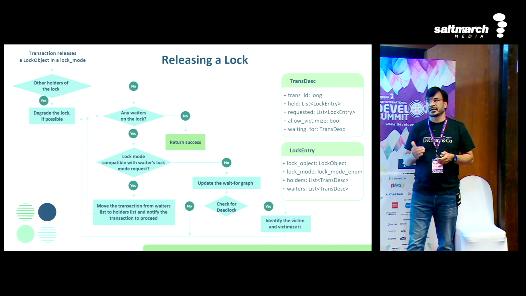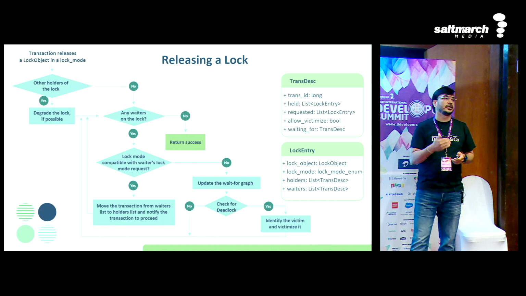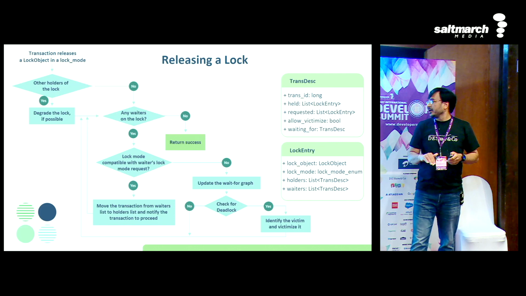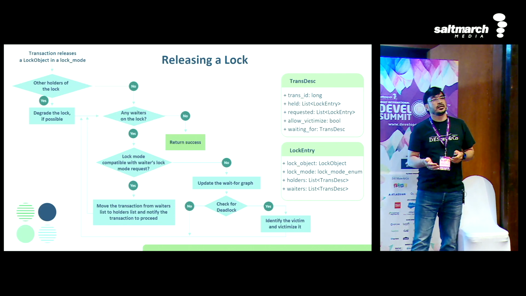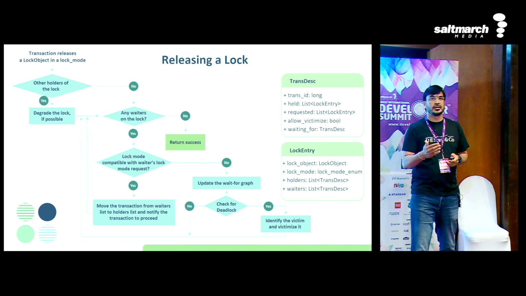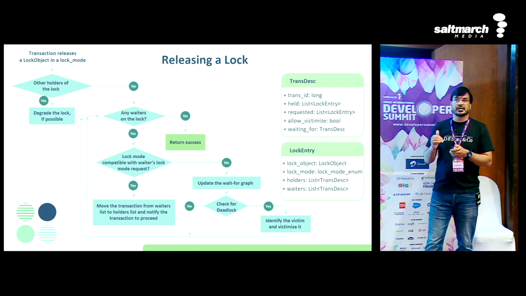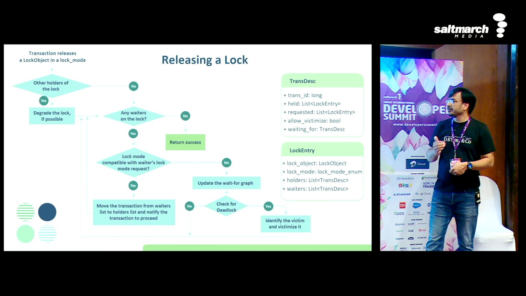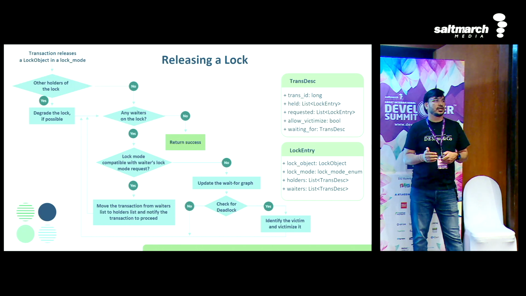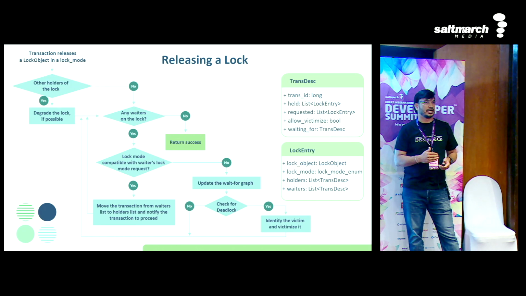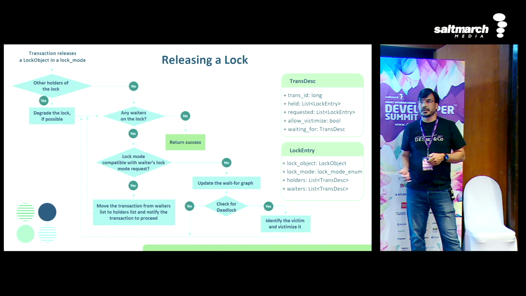Let's consider that a transaction initially had a shared lock and then requested an exclusive lock. So we upgrade the lock mode from shared to exclusive. Now when it releases the exclusive lock, then we can degrade the mode to shared so that other transactions which need the shared lock can continue with their execution.